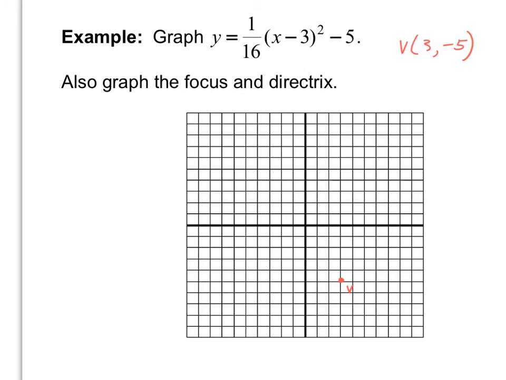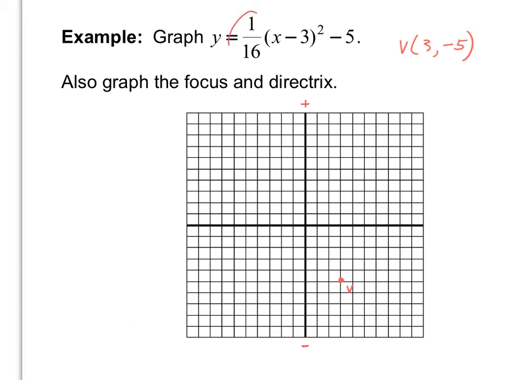The next thing I need to do is figure out what that value of P is so that I can determine how far to put my focus and my directrix. But before I even do that, let's notice that since this is y equals x squared, my parabola is either going to open up or down. Now on my y-axis, these are the positive y values, and down at the bottom we have the negative y values.